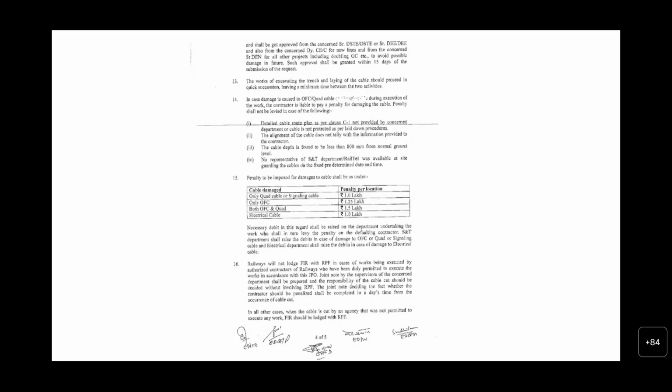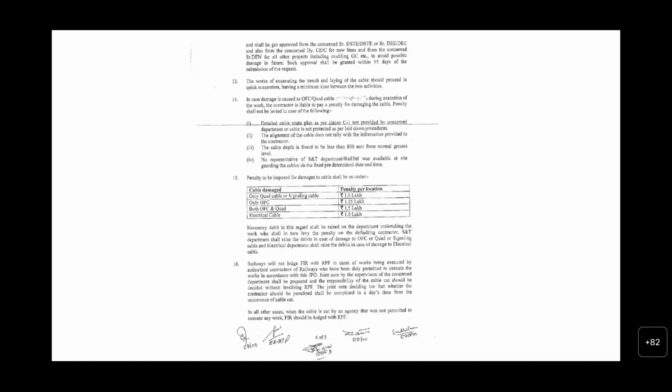Similarly, the fifth point is the penalty to be imposed for the damage to the cable: for the quad cable 1 lakh, for OFC 1.25 lakhs. For both OFC and quad cable laid in the same trench it is 1.5 lakhs. So these are all the JPO guidelines.